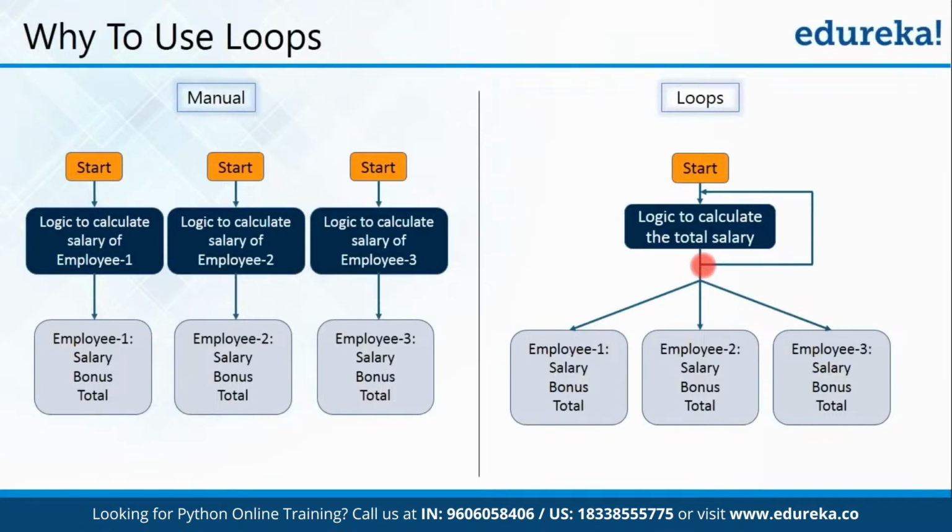What advantage do we get here? The major advantage is that we don't need to write the logic for each employee in order to calculate the salary. We can write one logic and keep on repeating it for all the employees. This way the length of the code is reduced, it reduces the complexity, makes it more efficient, and even increases the speed of execution.